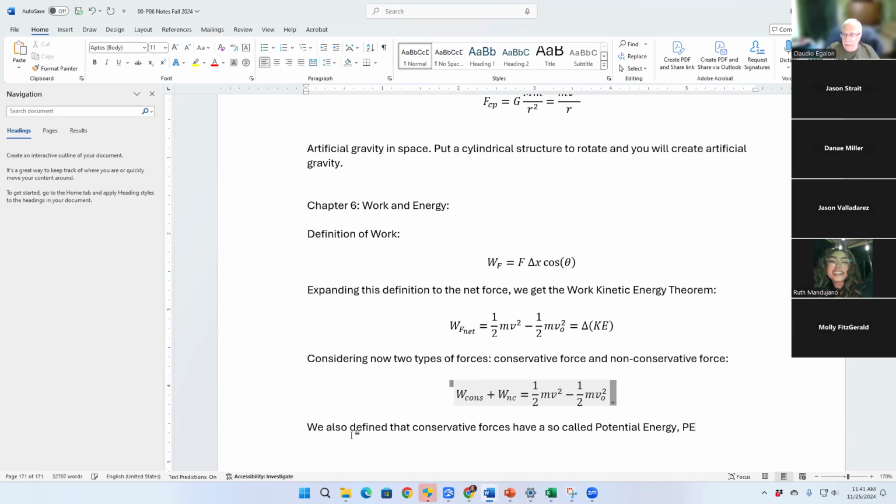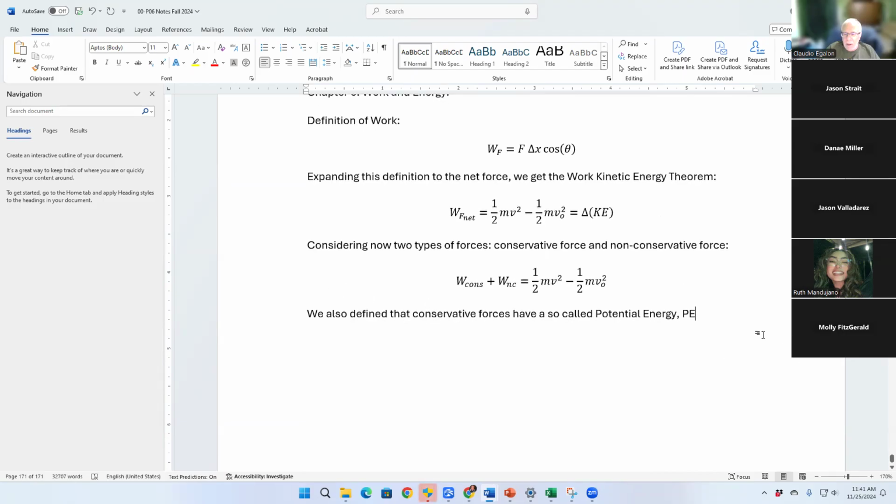Let's write down P. Did I use P there in the back? Let's assume that I use P in the back, right? So the definition of the potential energy now is going to be what?